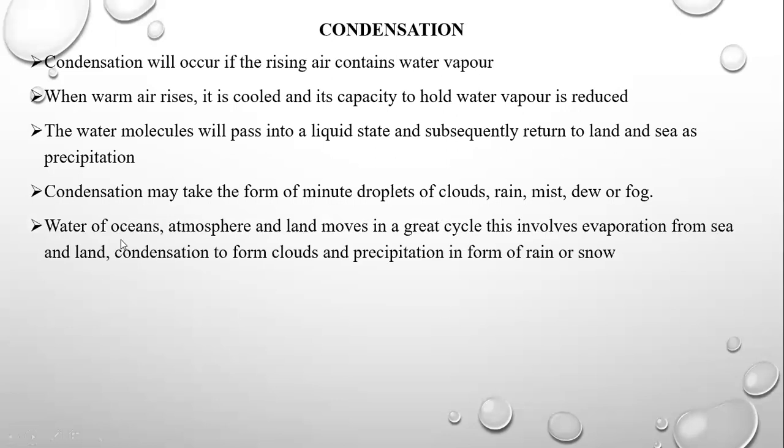Water of oceans, atmosphere, and land moves in a great cycle, which involves evaporation from the sea and land, condensation to form clouds, and precipitation in form of rain or snow. This exchange is what we call the water cycle or hydrologic cycle.